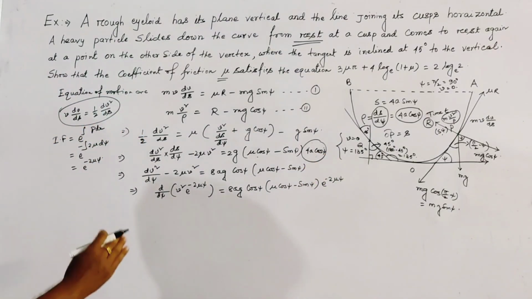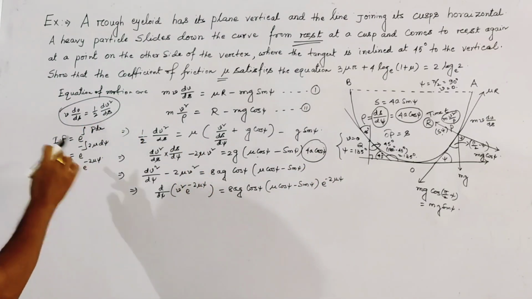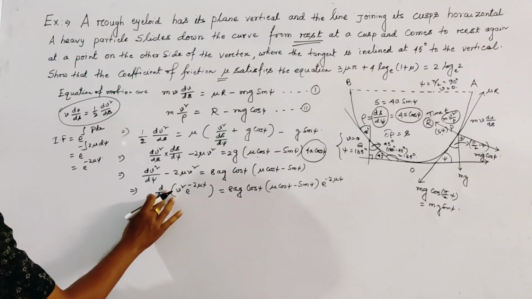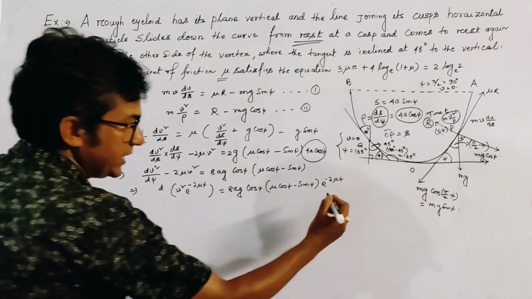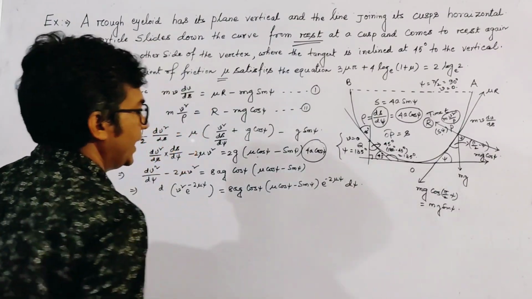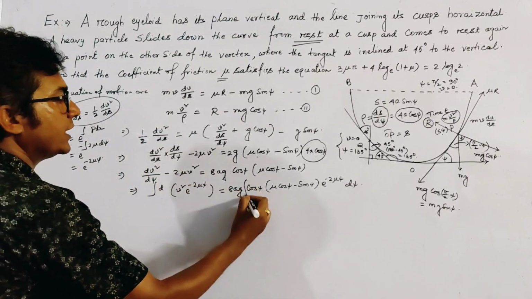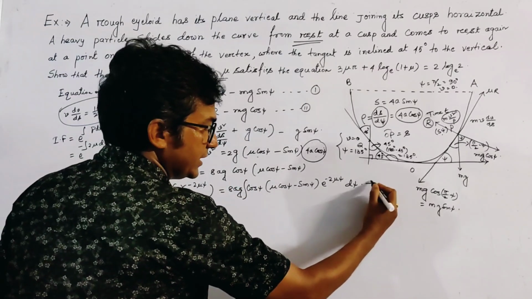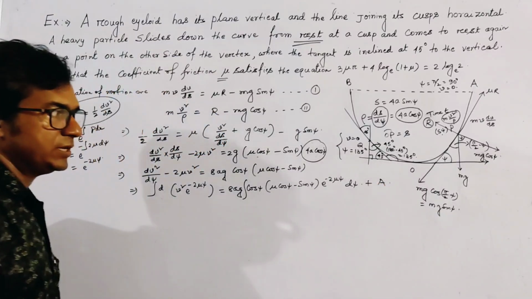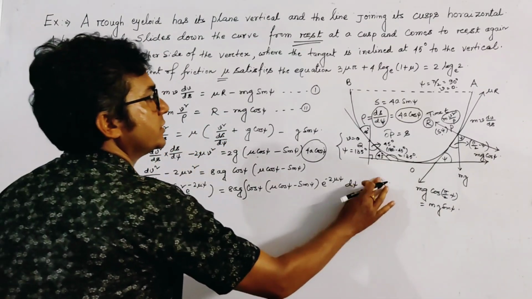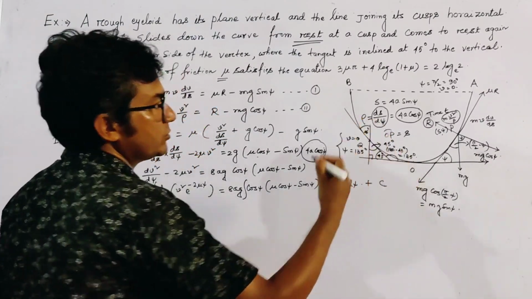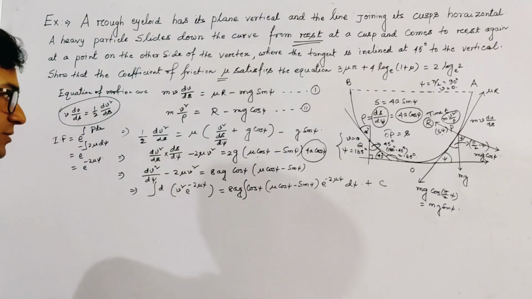We multiply both sides by the integrating factor, and now integrating, we get the integration of this and the integration of this, and there will be an integrating constant, which we let be c.